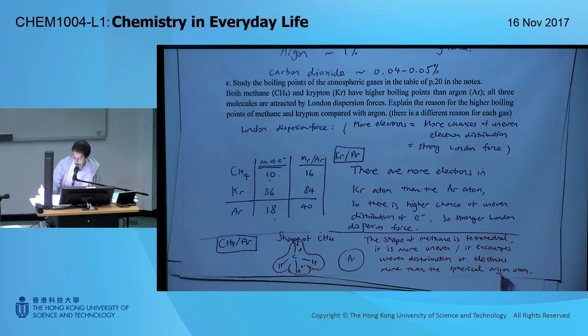So basically, the more complicated shape of the molecule encourages the uneven distribution of electrons. So even though there are fewer electrons in methane, it still has a greater chance of delta plus and delta minus, leading to overall larger attraction forces.